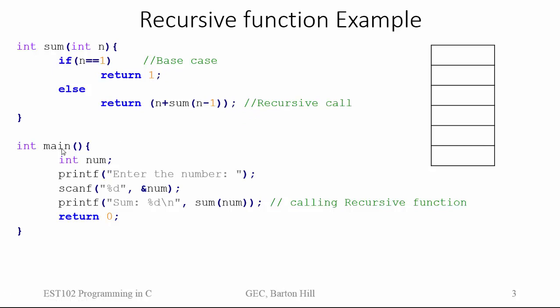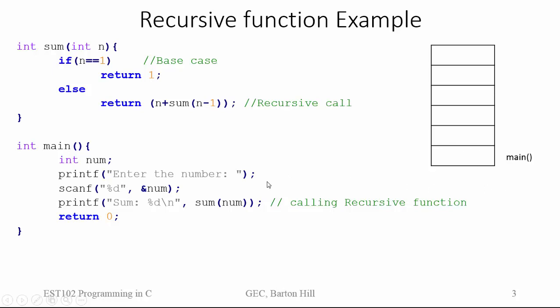Okay, so associated with every function call, details like local variables etc. are stored in a place called the stack. Now when the execution of the main function starts, memory will be allocated for main inside the stack, and information such as the variable num will be allocated inside this stack.